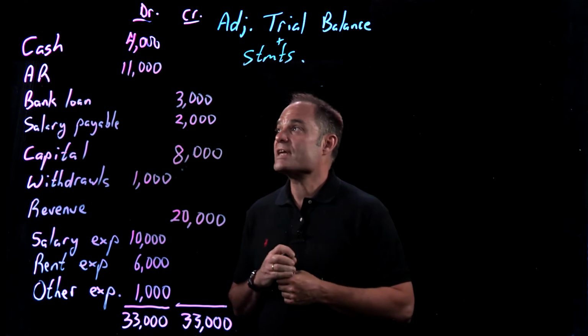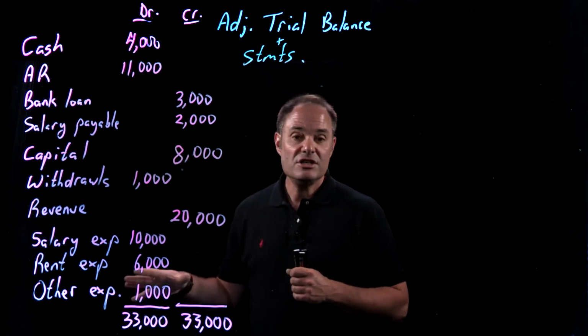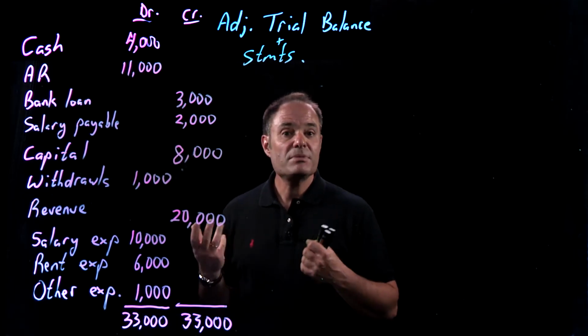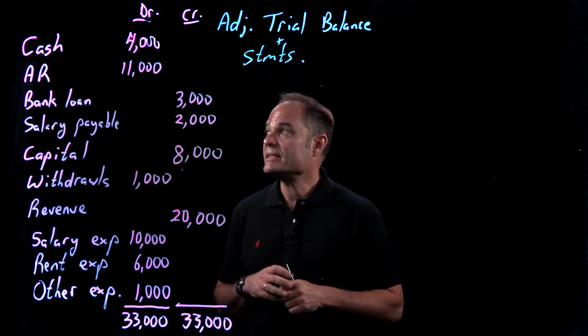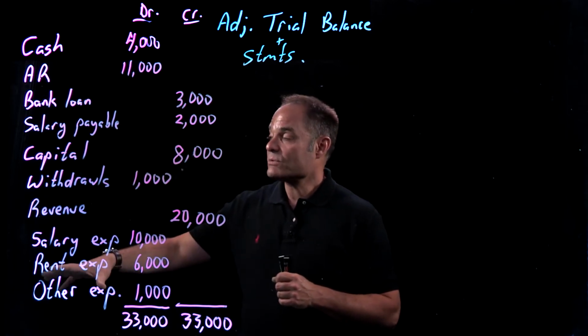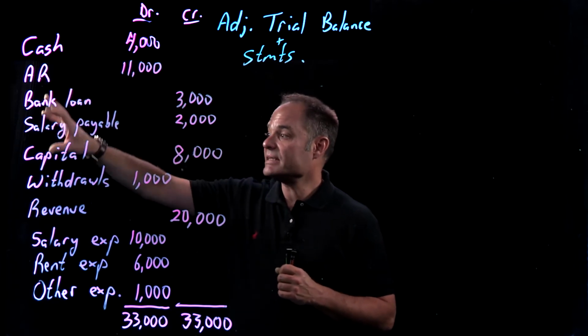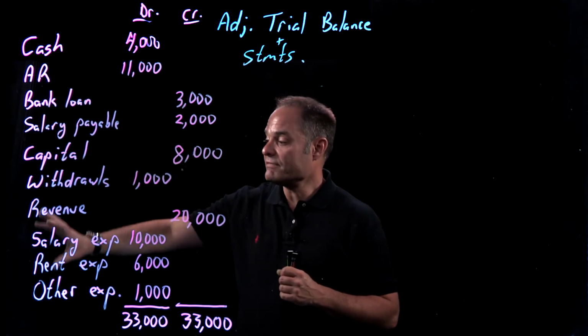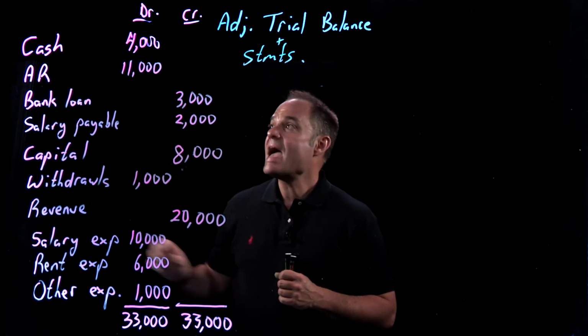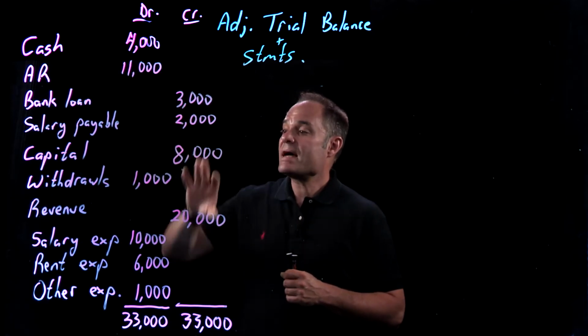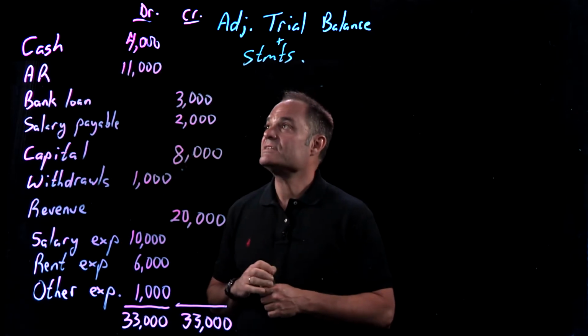But before we do that, we prepare what's called an adjusted trial balance. Remember last time when we did a trial balance, we listed off the accounts that were in use, always in the same order: assets, liabilities, equity, revenue, and then expenses. And we've got the account balances, and I've just put in some balances for each of these.